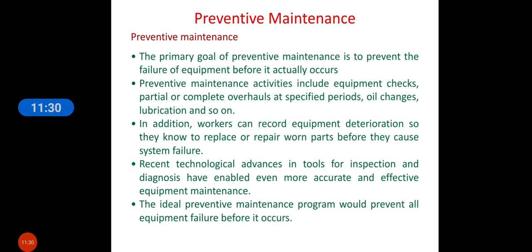Preventive maintenance activities include equipment check, partial or complete overhaul at a specific period, oil change, lubrication, and so on. And in addition to that, workers can record equipment deterioration so they know to replace or repair a worn out part before it causes system failure.